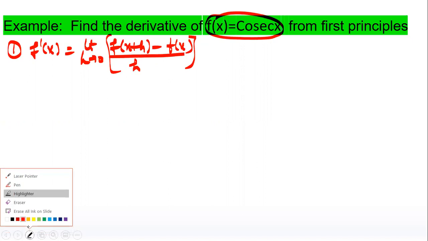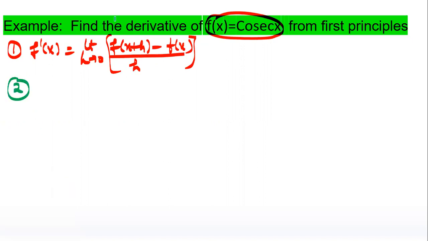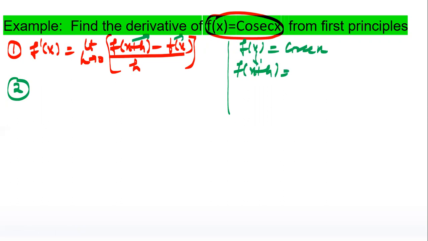What is the second step? In second step, find out the value of f(x+h) and f(x). f(x) is cosec x, f(x+h) will be cosec of x+h. Substitute the value over here.